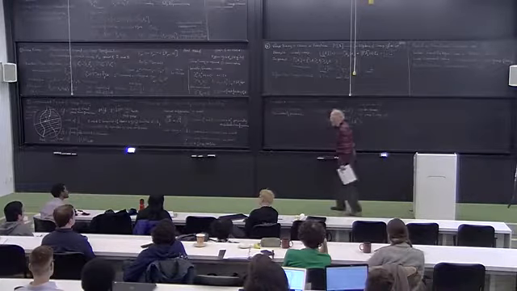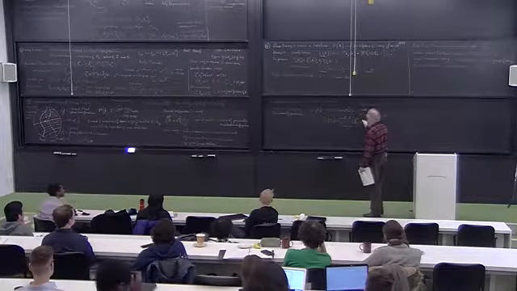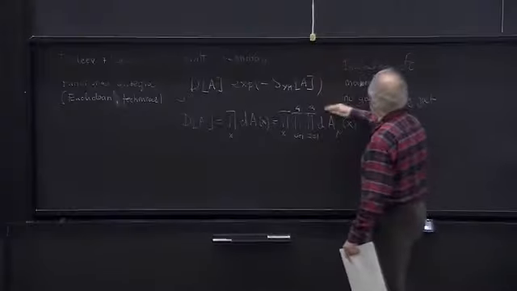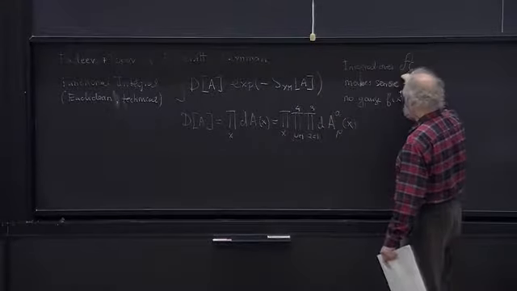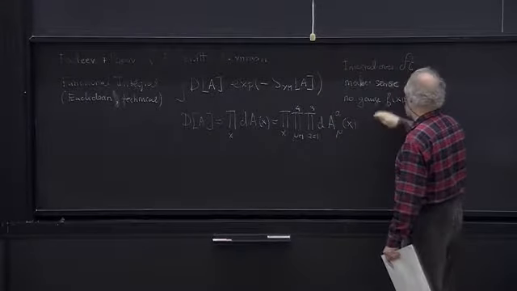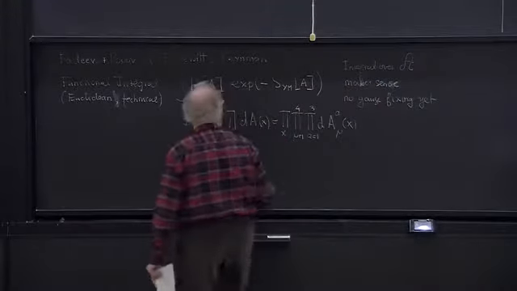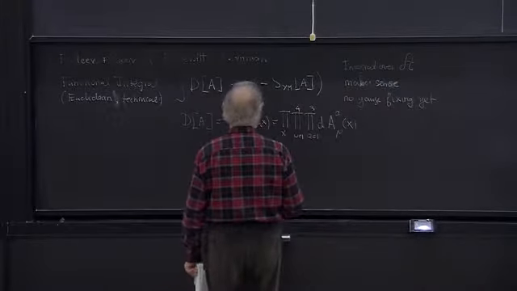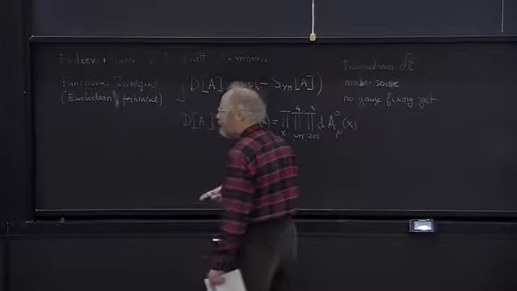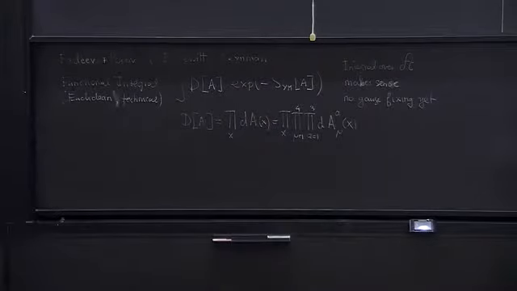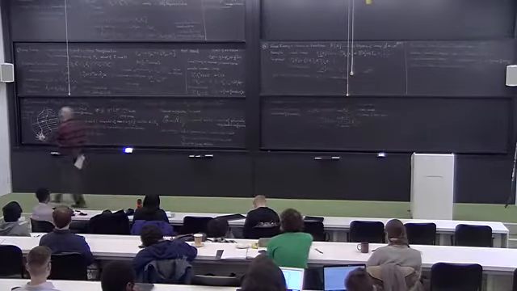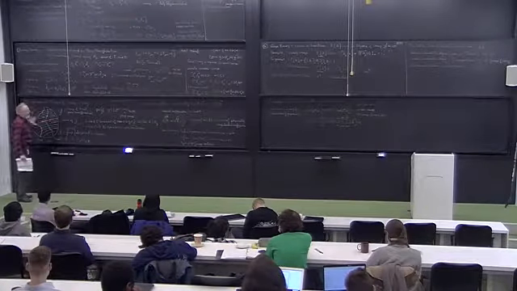So you are going to see how one does that. So the point is that this path integral, which is a big integral over A, makes sense. No gauge fixing yet. And the important point is that this integral is invariant under the action of the group, because we are integrating over the whole space.